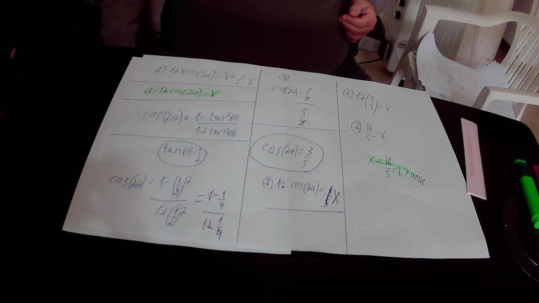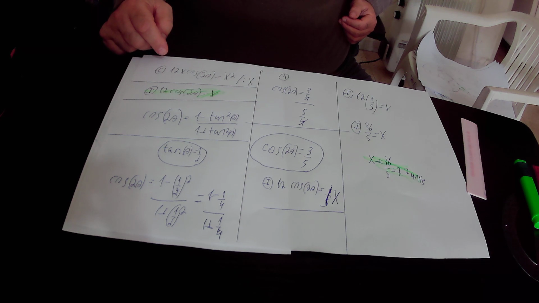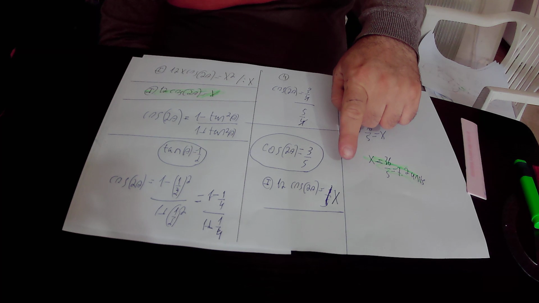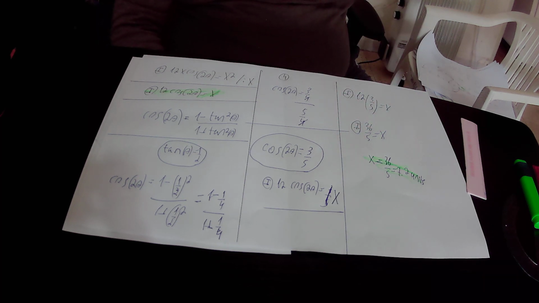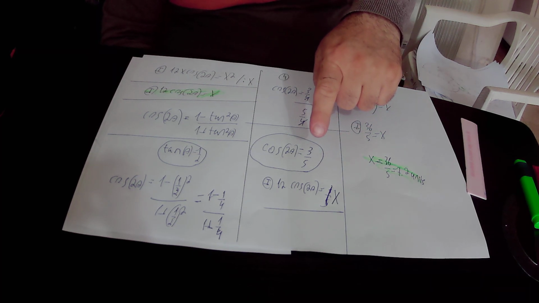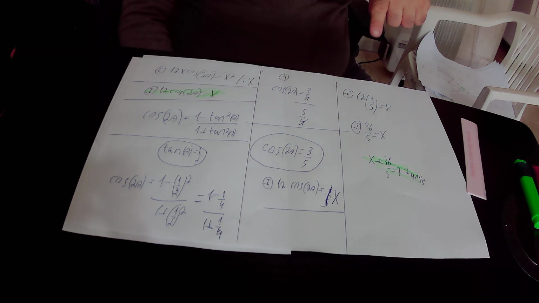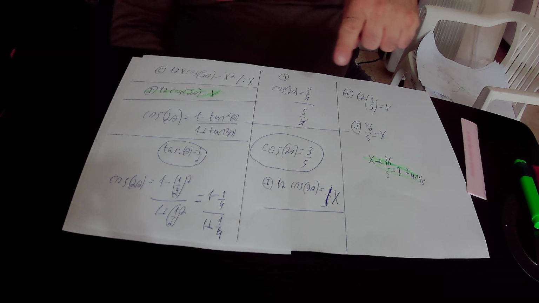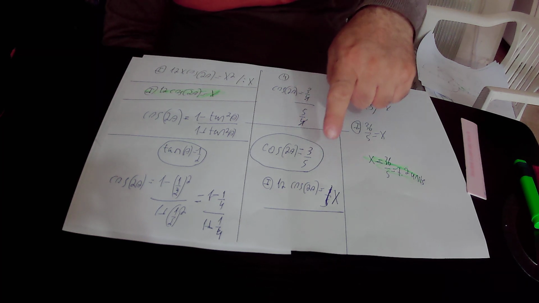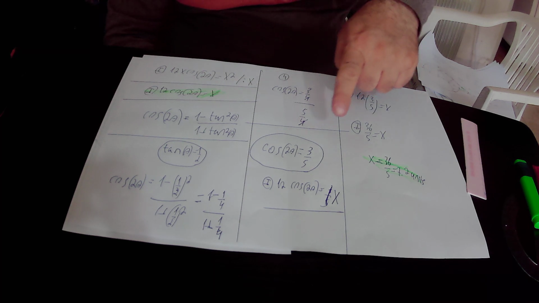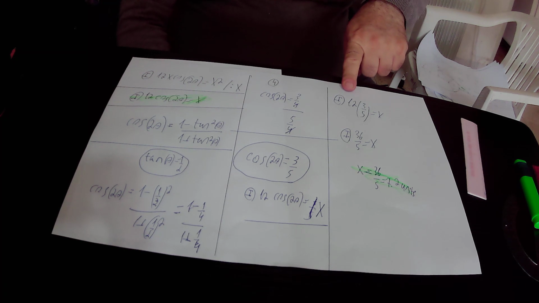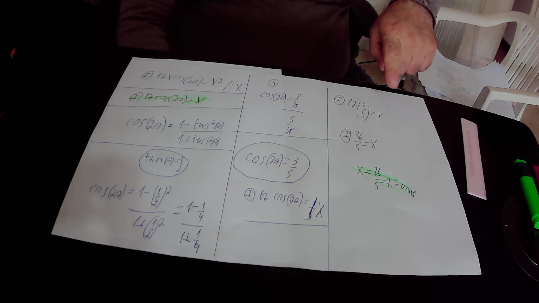Now we can substitute cosine 2 theta in equation number 1 by 3/5. We did it, and we got that according to equation number 1, 12 times cosine 2 theta equals x. We substituted cosine 2 theta by 3/5, so in conclusion, according to equation number 1, 12 times 3/5 equals x.